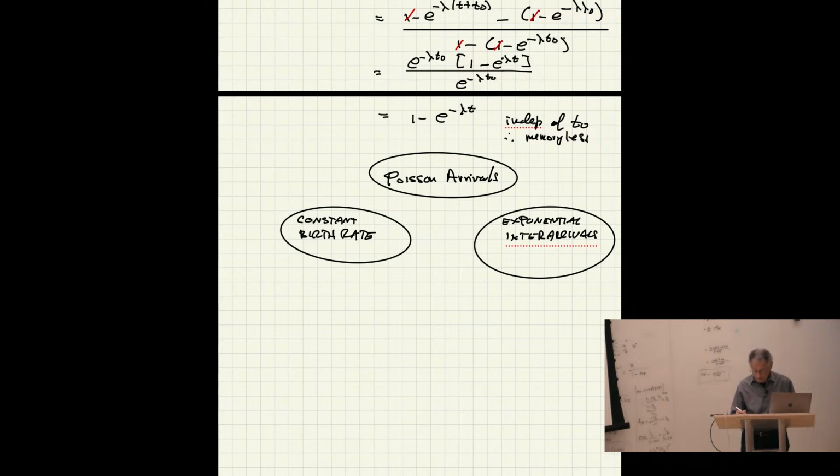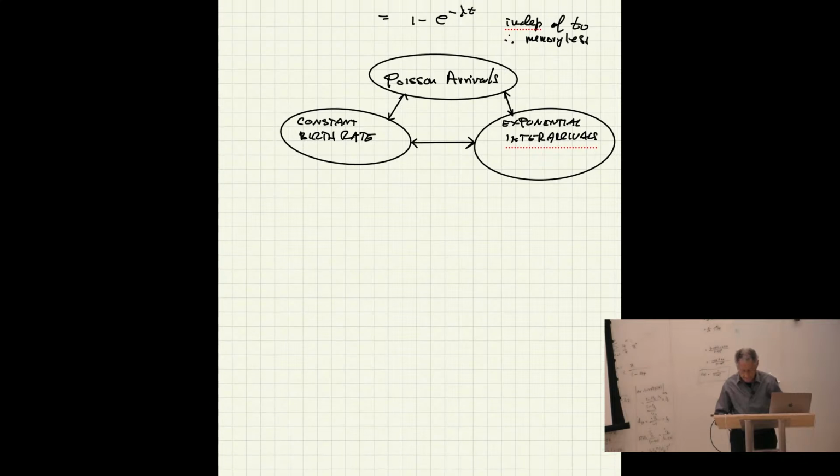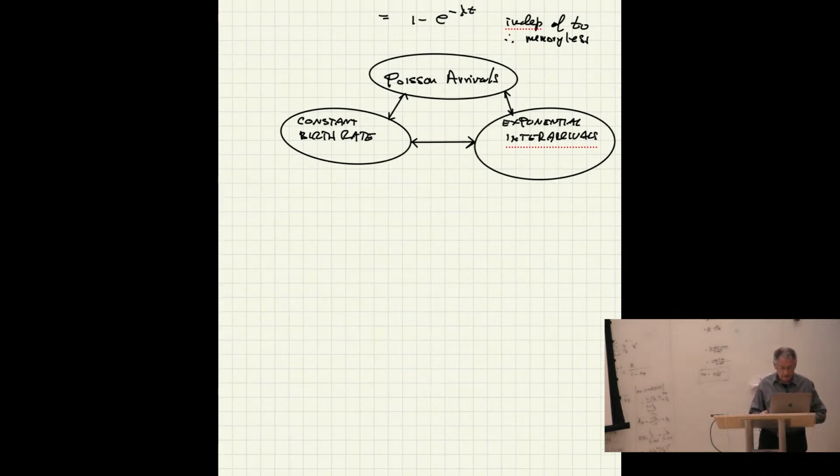And all of those imply each other. It's a three-way equivalence. You say one, you get the other two. And that's some of the magic about Poisson arrivals. Okay, that's an important thing to keep in mind.